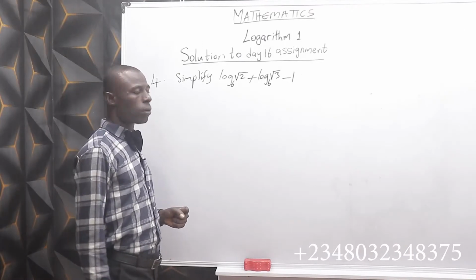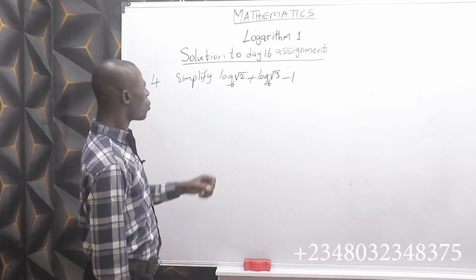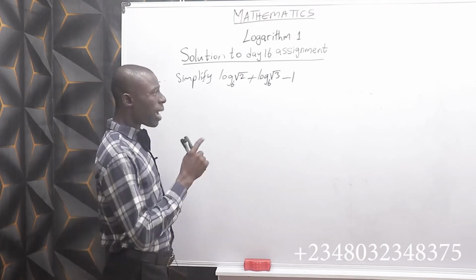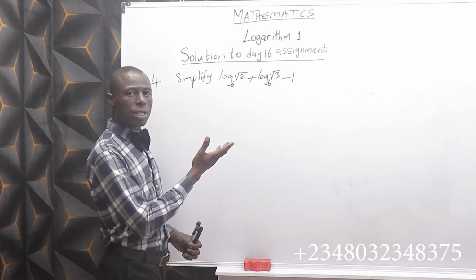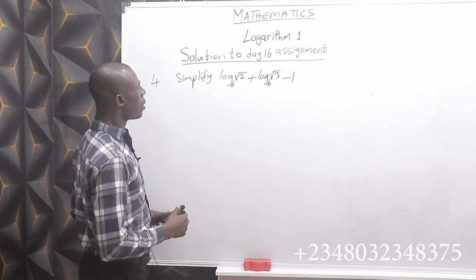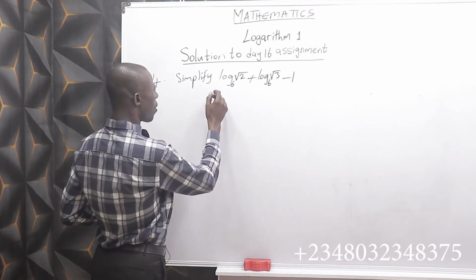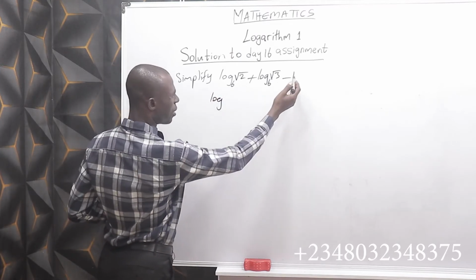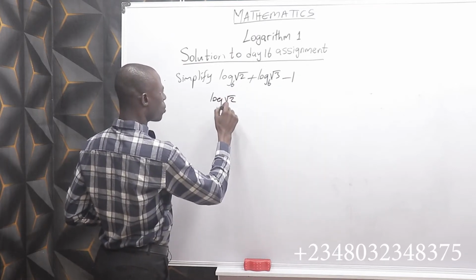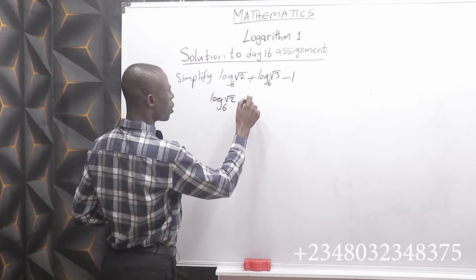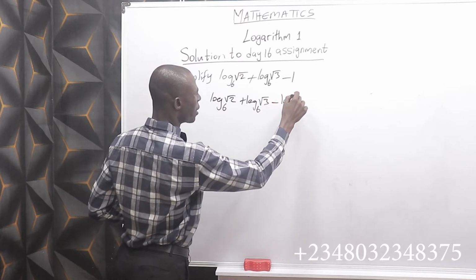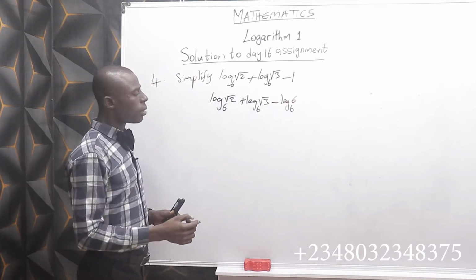Let's solve question 4. Simplify log root 2 base 6 plus log root 3 base 6 minus 1. There are different ways of approaching this question, like 2 or 3 approaches. But I want to create another log here. Have log root 2 base 6 plus log root 3 base 6 minus log 6 base 6.